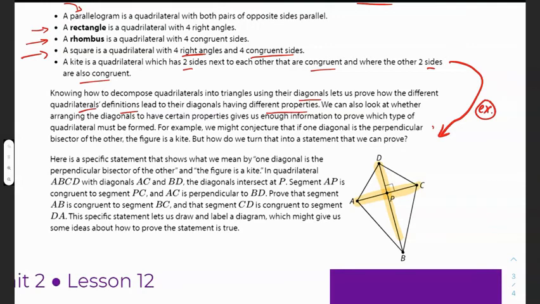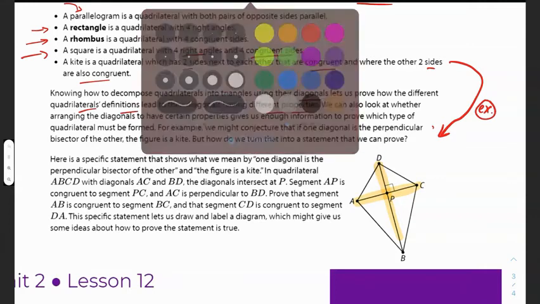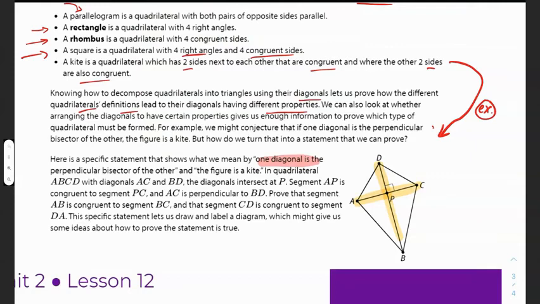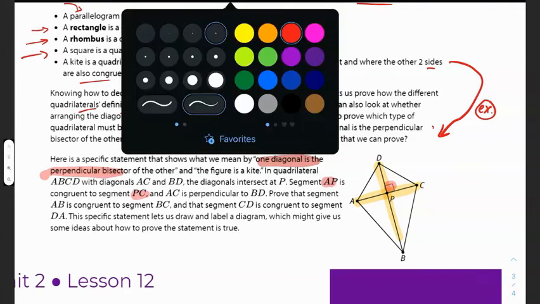All right, so they go ahead and they give us the fact that we got a perpendicular bisector, which means a 90-degree angle, right? And what else do they give us? Segment AP is congruent to PC, so let me mark that.